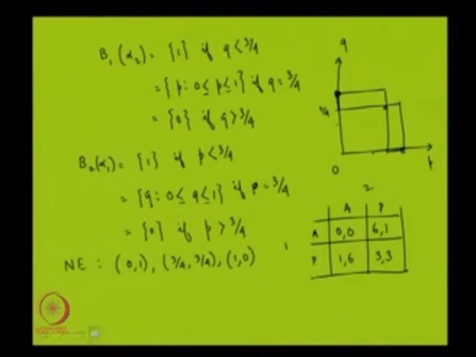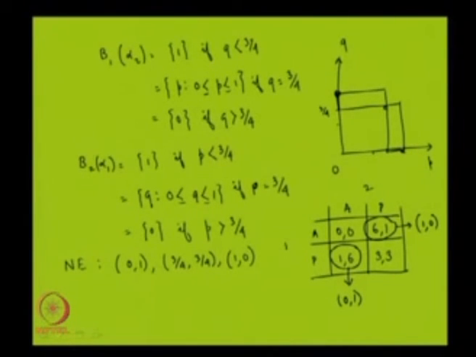Now, it is obvious that this is a Nash equilibrium, because given the first player is playing p, the second player will not deviate, and similarly given the second player is playing a, the first one will not deviate. So, these two are Nash equilibria, and this is nothing but 0 1, and this is nothing but 1 0, and these are the Nash equilibria we have seen here and here.